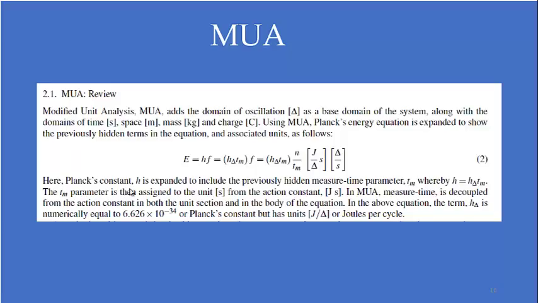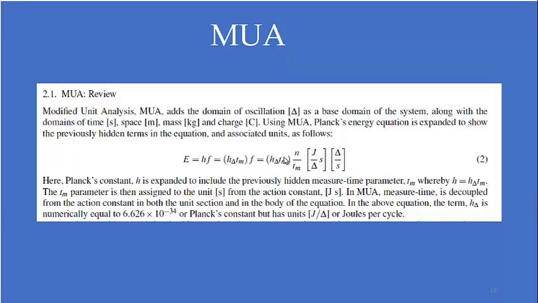Here Planck's constant, h, is expanded to include the previously hidden measure time, whereby h equals what I'm calling now the cycle of energy times some measure time. The Tm parameter is then assigned to the unit s, so this extra s from the action constant is assigned to the new measure time.